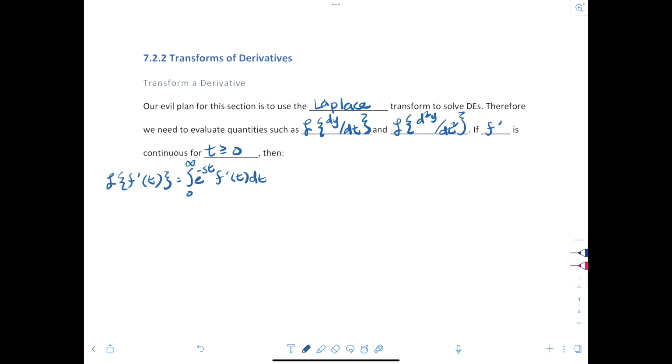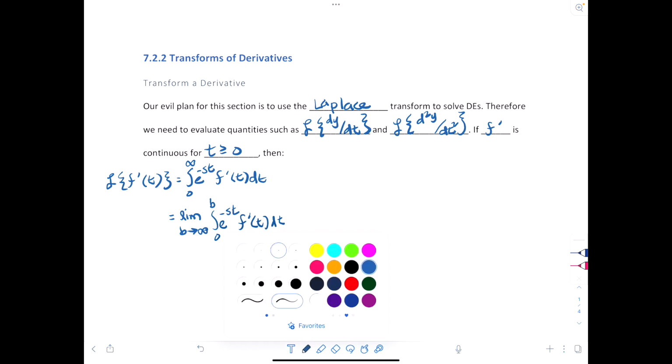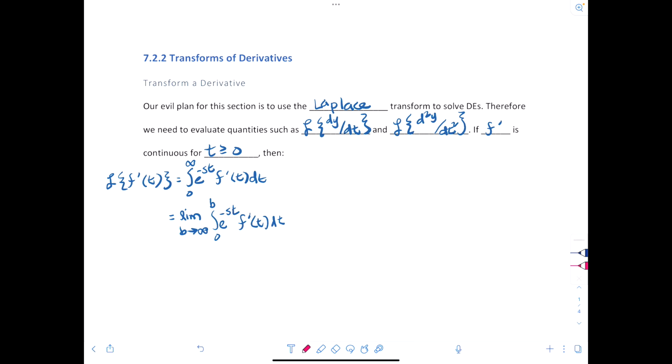And that, of course, will be the limit as b approaches infinity of the integral from 0 to b of e to the negative st times f prime of t, all with respect to t. So we have to use integration by parts on this.